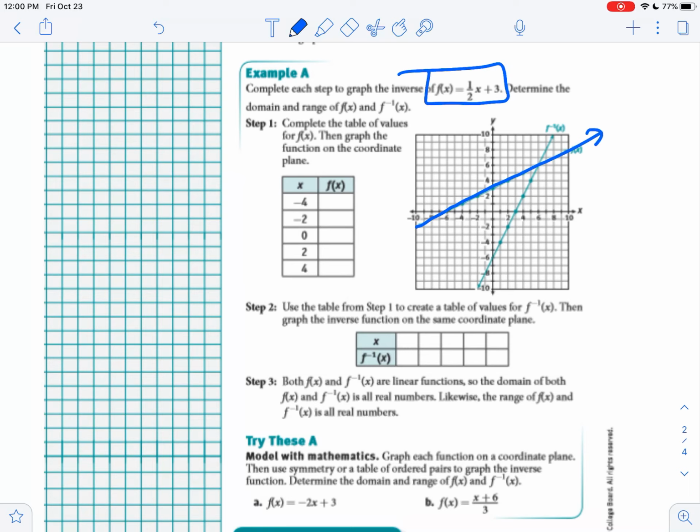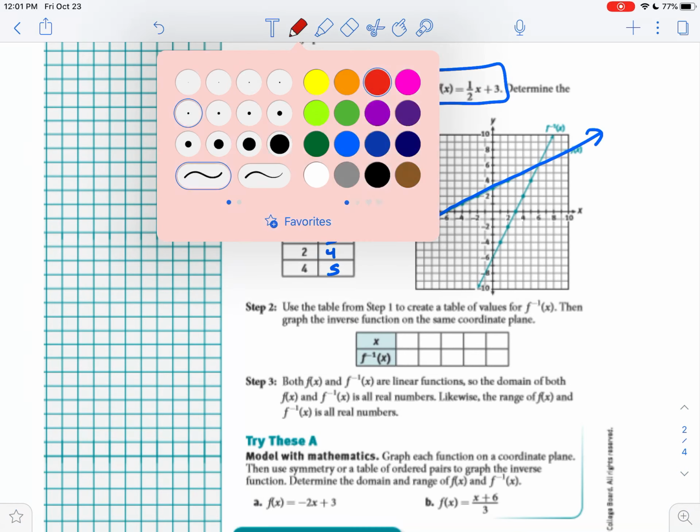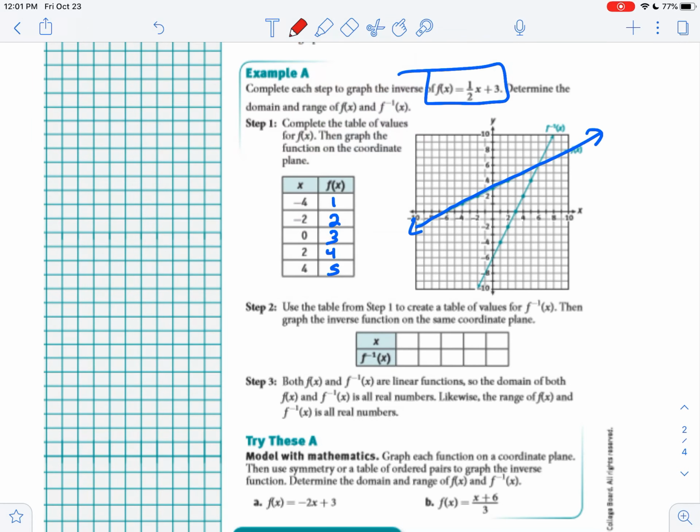They put in ordered pairs of -4, -2, 0 and so on, and that's going to be this graph right here. When they plugged in -4, they got out a 1. With -2, we got out a 2. And so on. 0 gave us 3, that's the y-intercept. 2 gave us 4, and 4 gives us 5.